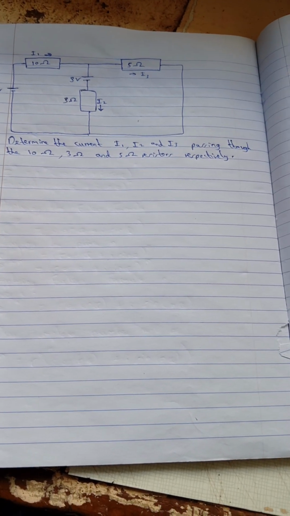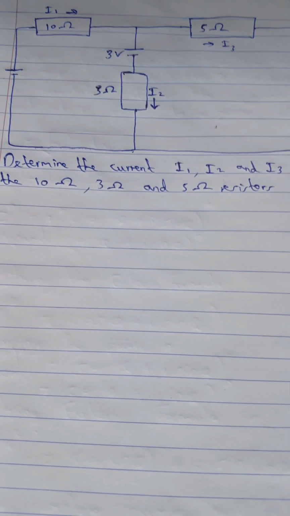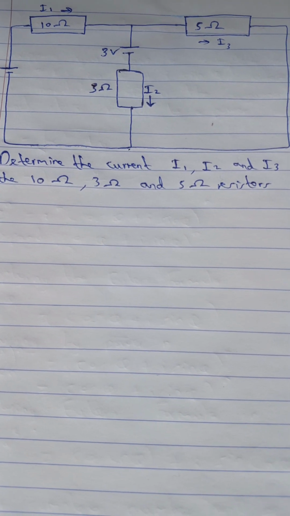And for you to be in a position to apply the Kirchoff's current and voltage law from this circuit diagram, you need first of all to know what loops are and determine how many loops we have from this diagram. From our diagram, as you can see, we have got two loops.